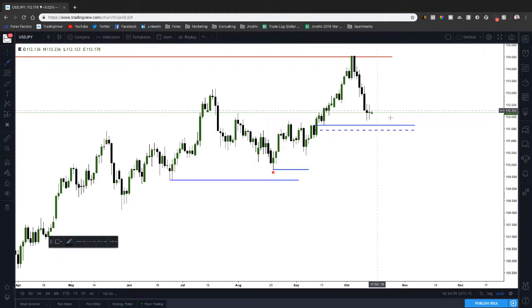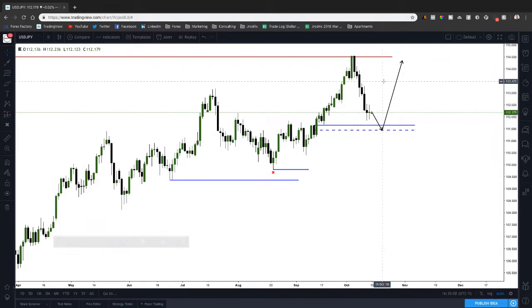Okay, so if they're going to continue taking this thing lower, I want to see them either find support here or here, and either of those levels will basically give me the confirmation, on the lower time frame, as long as it's showing us support, that they're using the level. At that point, first target for me would be the bearish order block of this low, which would be 113.50.